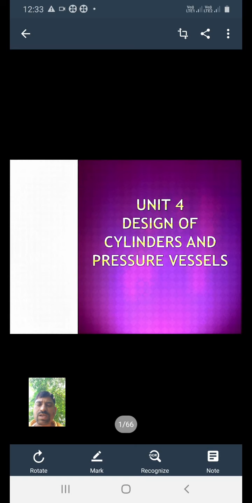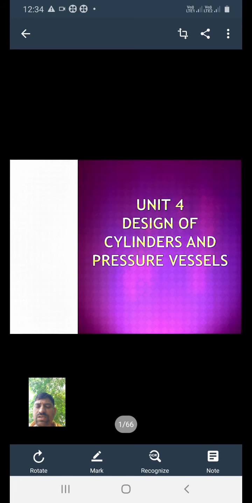Then selection of the design parameter in unfired pressure vessel, design of unfired pressure vessel, design of pressure vessel shell, then design of different types of end closures in unfired pressure vessel, and design of the nozzle and opening in the unfired pressure vessel.